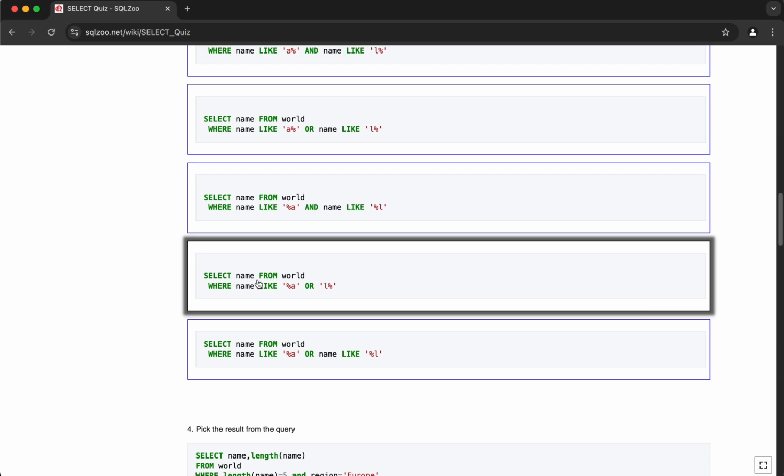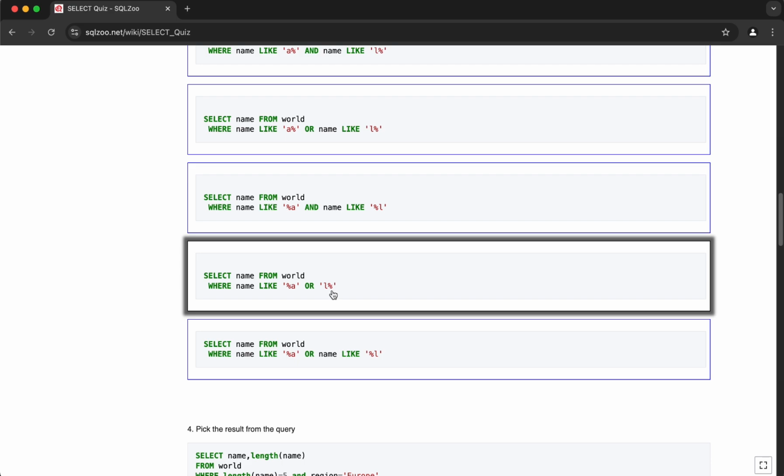Select name from world where name like, single quotes, percentage sign A, or single quotes, the letter, and then percent sign after. So this would also be incorrect because this would be saying ending in A or beginning in L. That's not what we're asking.